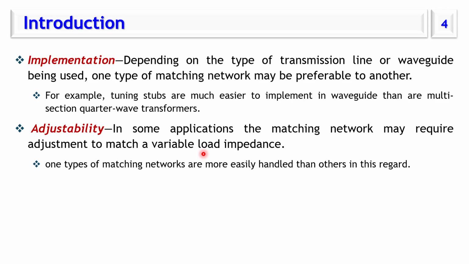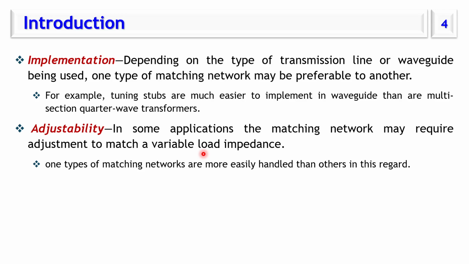Also, adjustability. Is this matching network a fixed value, or is there some tuning? Sometimes you need tuning, for example, if you manufacture something from one batch or from one part to the other, there is a small variation. So if your matching network is fixed but the load is variable, the matching quality will not be that good.